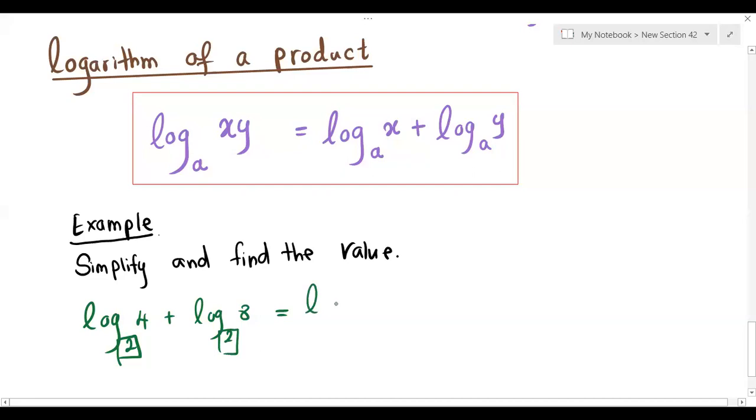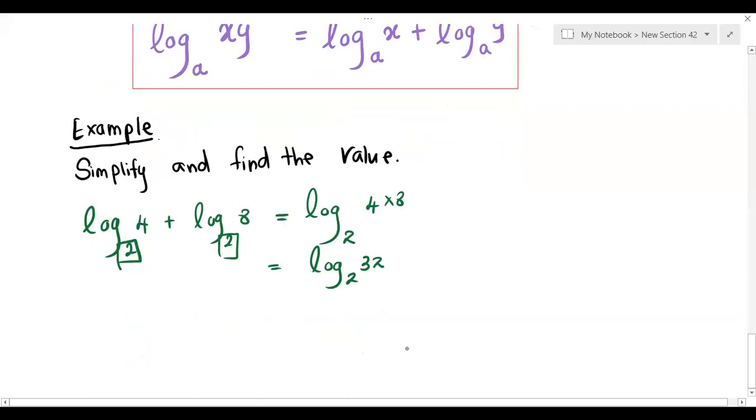Therefore, we can write logarithm of 4 into 8, because here this is an addition of two log terms with the same base. So we can write the product of the two interior numbers. Therefore, this can be written like this: logarithm of 32 to the base 2.